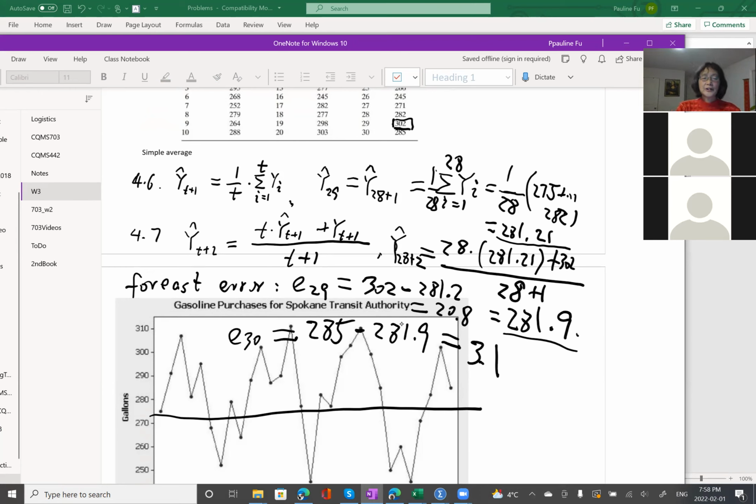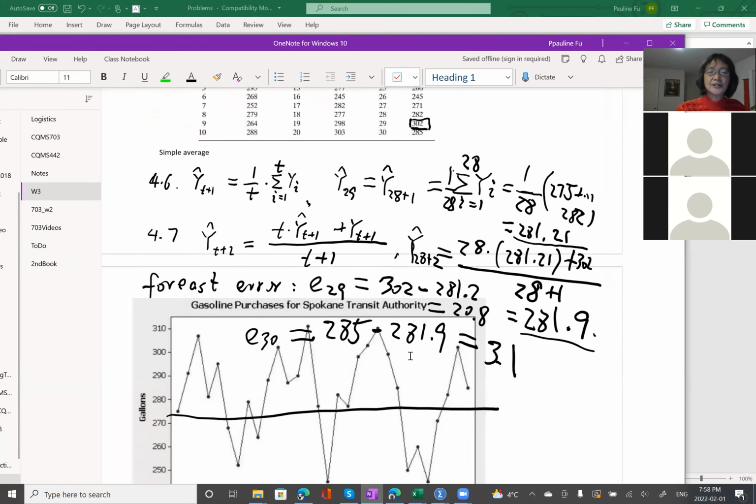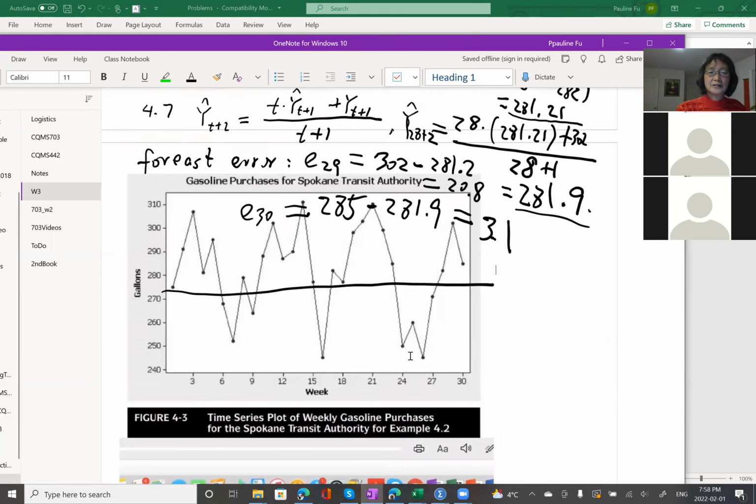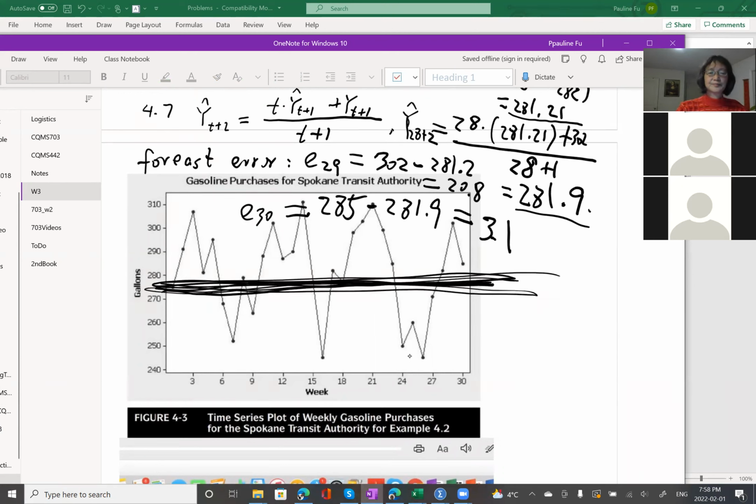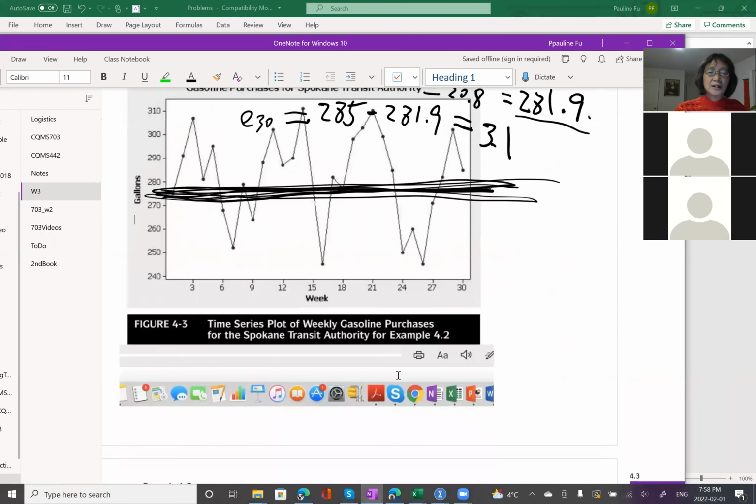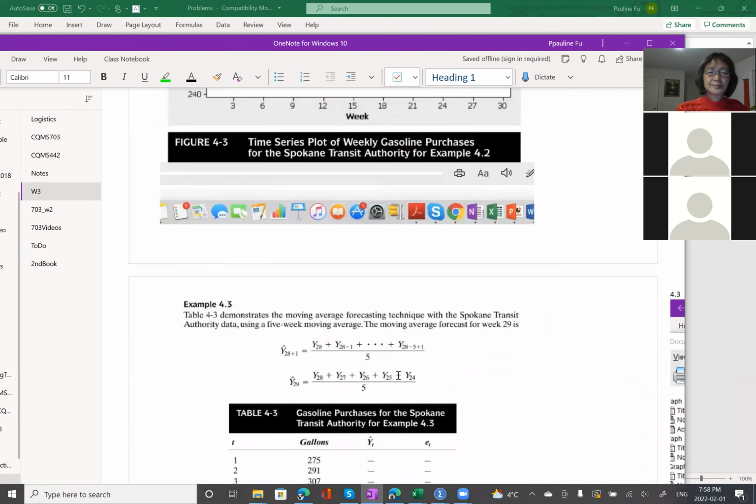That is using the simple average to do the forecast. This method is suitable for stationary data with no trend, data that changes around a horizontal line. Any questions?